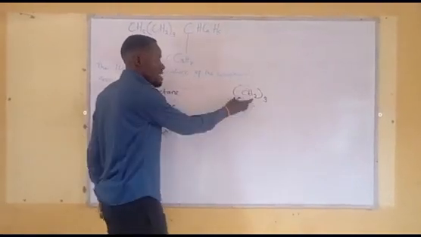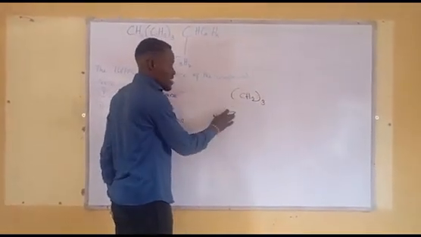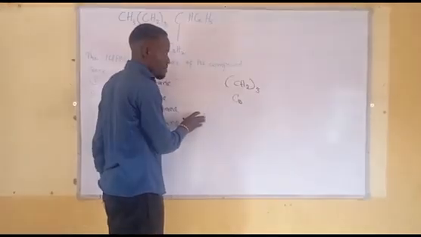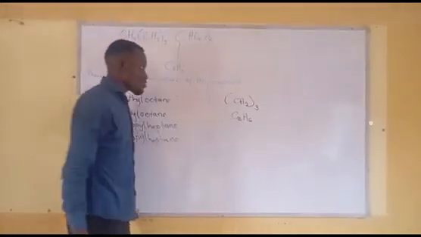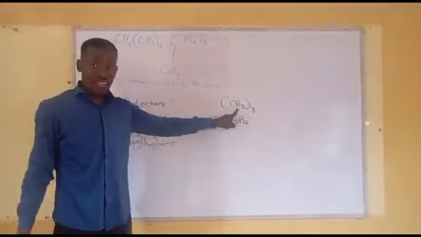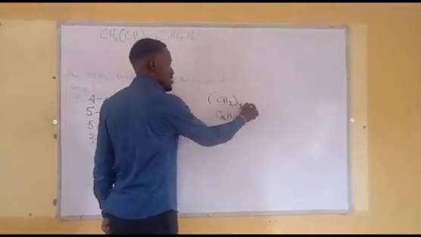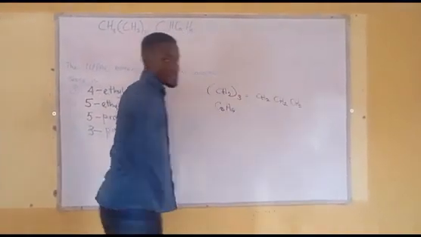If I write this out without the bracket, that means we have 3 atoms of carbon, which is C3, and multiplying 3 by 2 gives H6. So CH2 subscript 3 is the same as CH2 in 3 places.